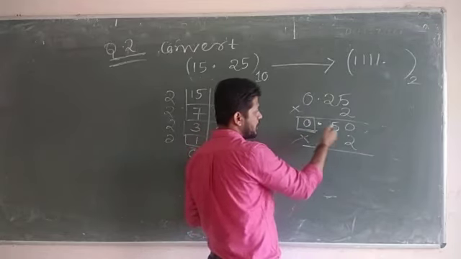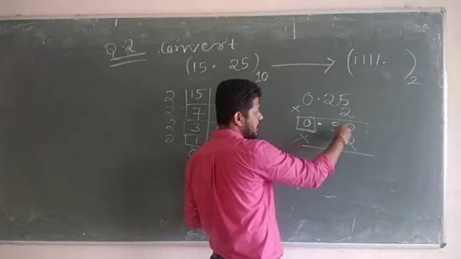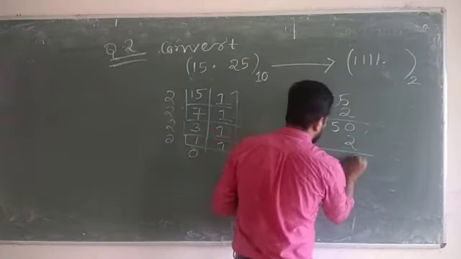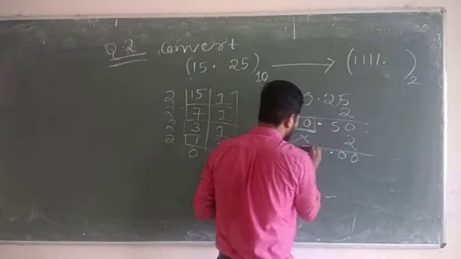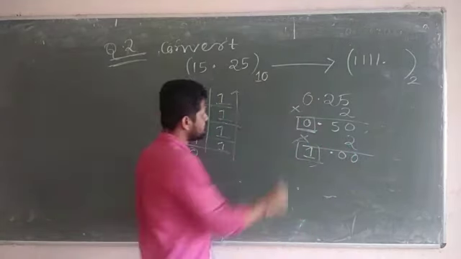Only the part after the point, whatever remains, we multiply with 2. So 2 into 0 is 0, 2 into 5 is 10, that means 0, here this is 1. The moment the fractional part is 0, stop there. From top to bottom, whatever is in the box, that is 0 and 1. So write here 01.